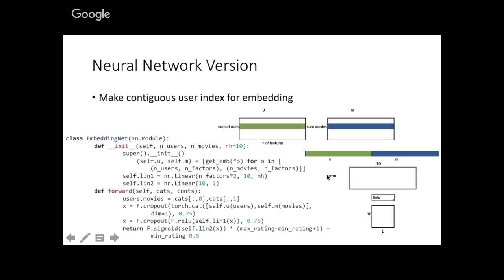Why is he catting the two matrices together? I mean, this is a common operation you see in deep learning, right? You just stick two vectors on top of each other and you just hope for the best. Why do they do that? I thought the intuition is that the U is kind of user, image, movie.